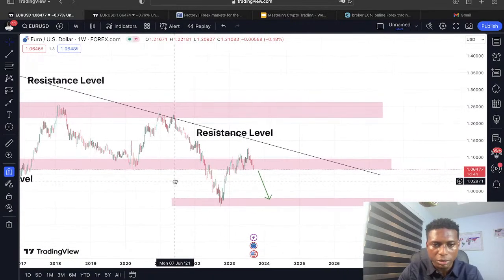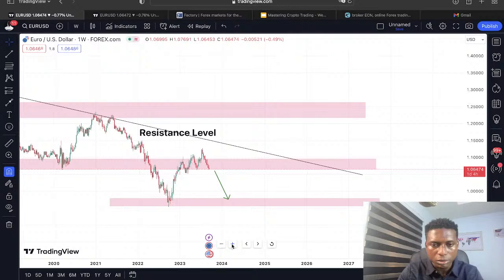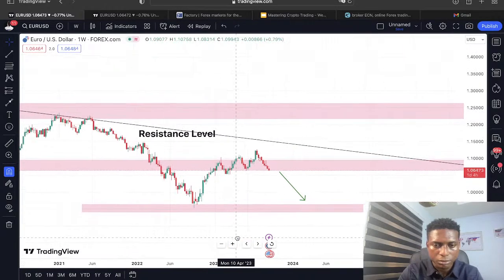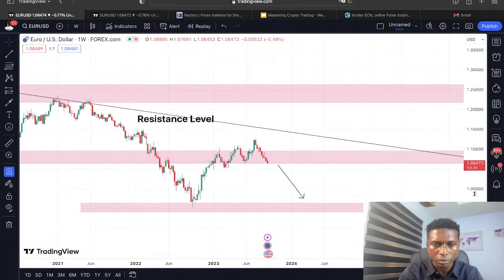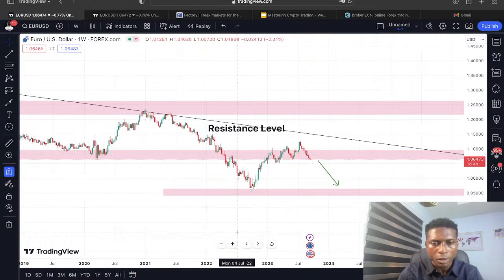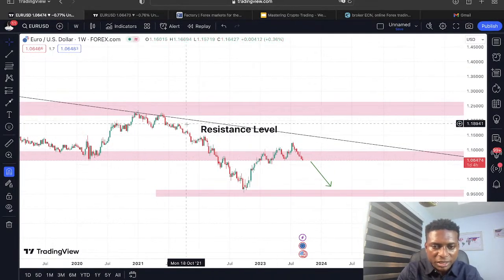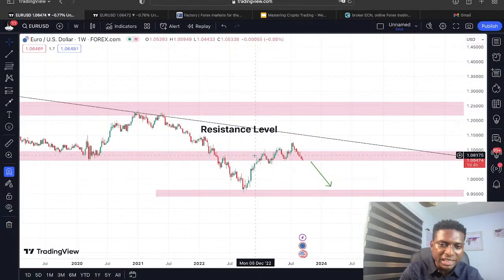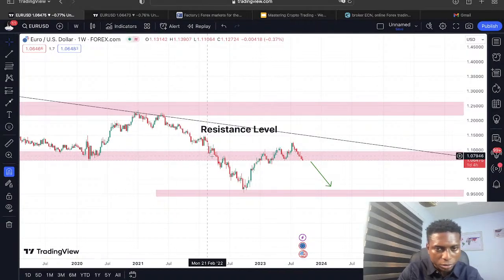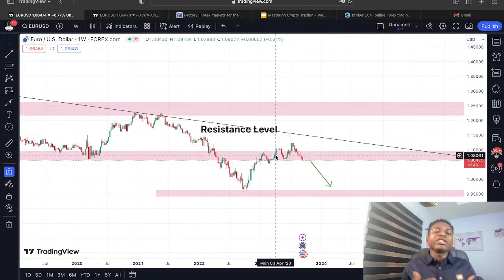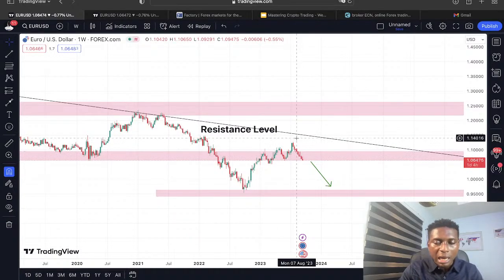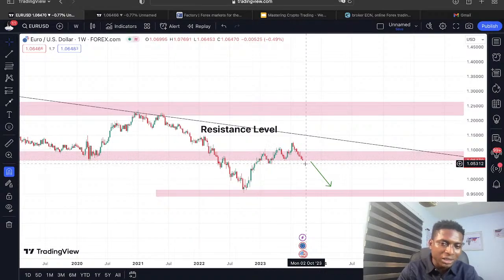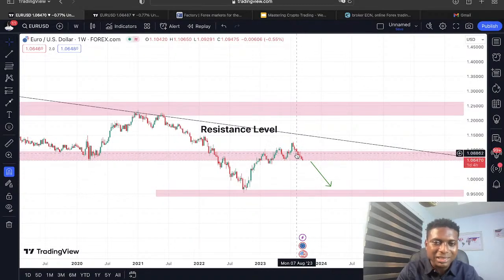Let me take it back and zoom in. We can see price move here and came out from here, then rallied around this place. Don't forget, this level is a resistance zone, which means price struggled at this level, and now we can see price already moving towards the downward direction.